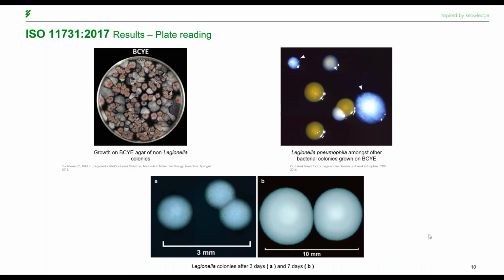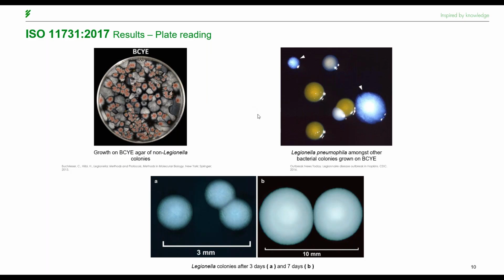Okay, so now to visualize a bit the results, what you would observe in the first image, we have a BCYE plate with an overflowing growth of non-Legionella microorganisms. There it is almost impossible to see Legionella in this plate, and this may be because the disinfection was not appropriate.